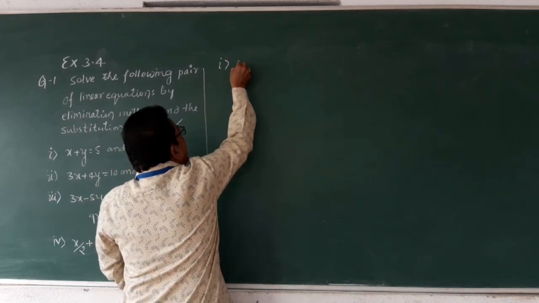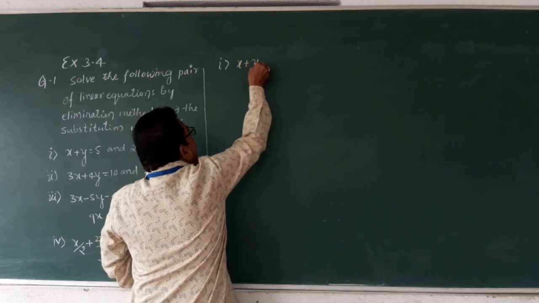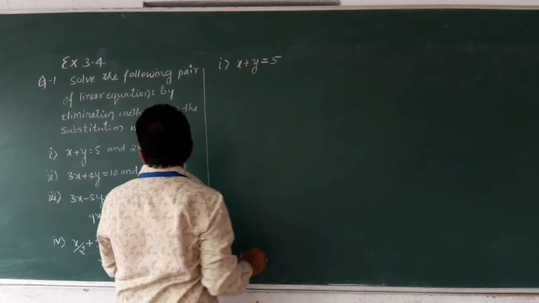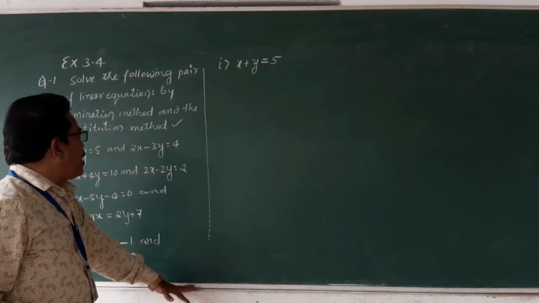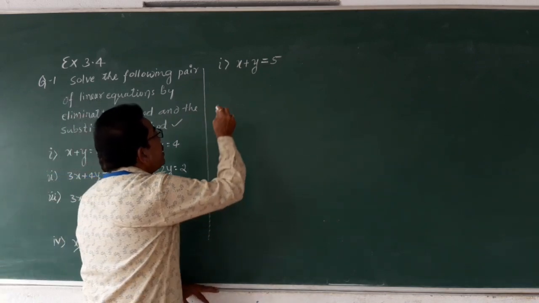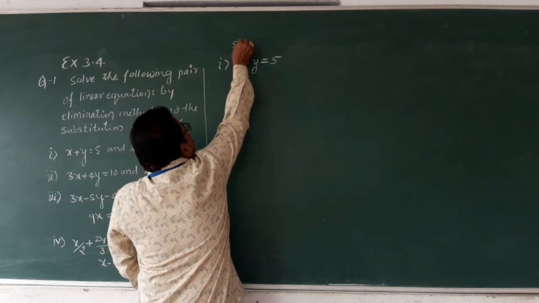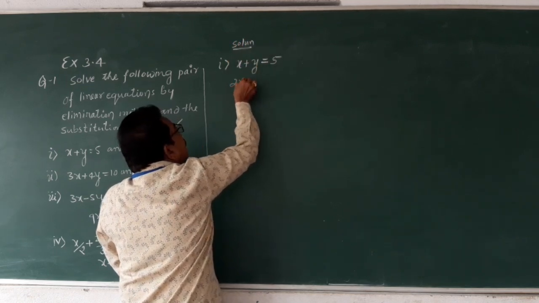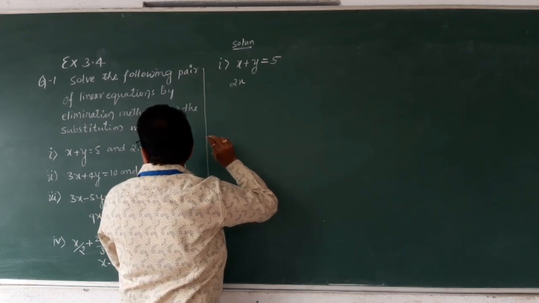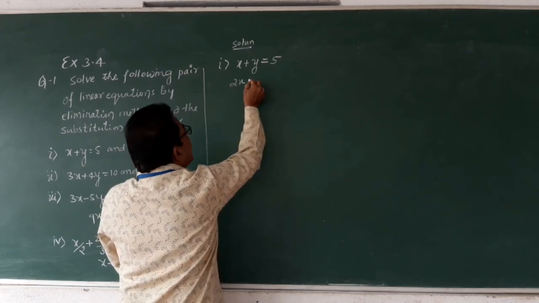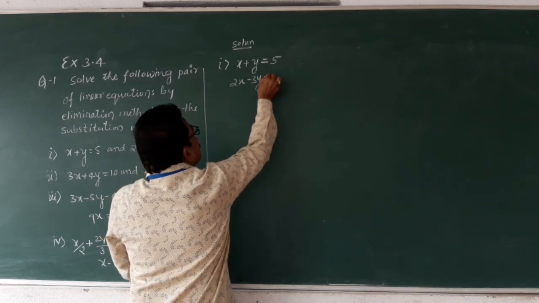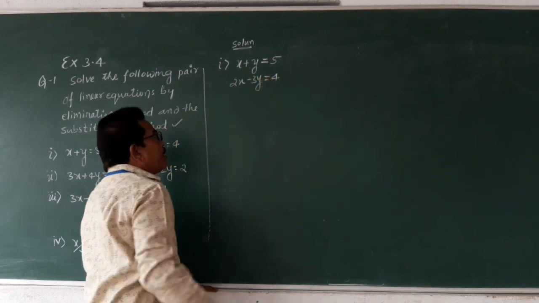x plus y equals to 5 and 2x minus 3y equals to 4.